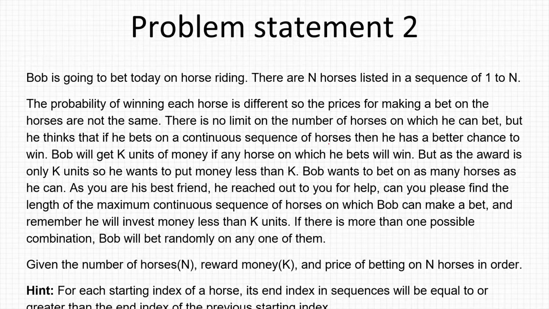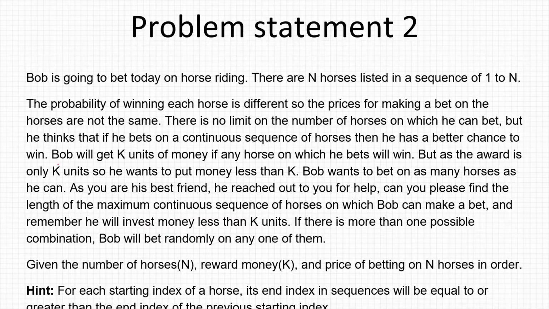But he thinks that if he bets on a continuous sequence of horses, then he has a better chance to win. So on a continuous sequence, say of 5, 6 or 7 horses, there's a better chance that he wins.